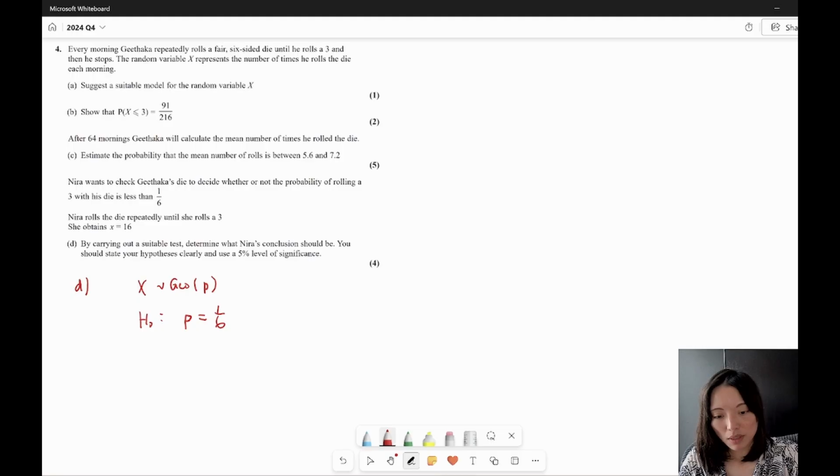The alternative hypothesis is going to be either p less than 1 over 6, p not equal to 1 over 6, or p greater than 1 over 6. Let's take a look at the question. It says Nero wants to check whether or not the probability of rolling a 3 is less than 1 over 6. So that is our alternative hypothesis, p less than 1 over 6.